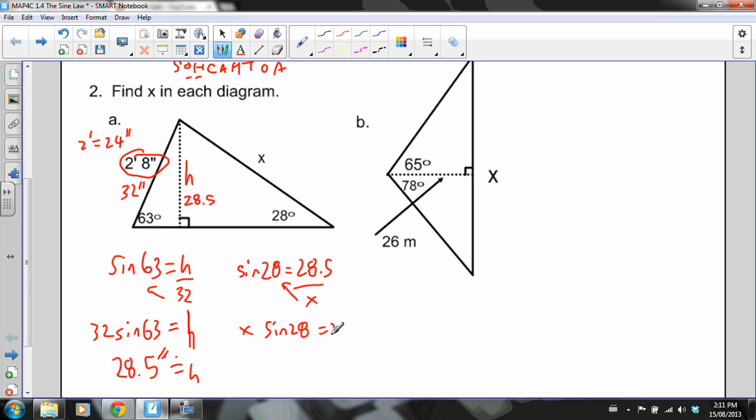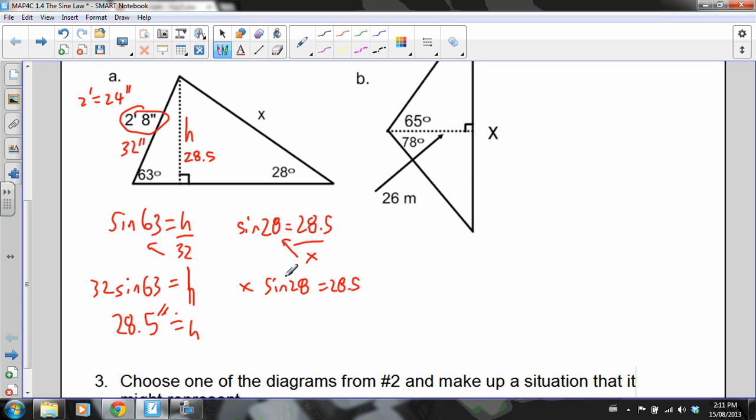And maybe we think of this as an extra step, I don't know. Divide by sine 28 on both sides. You jam that into a calculator, and you get about 60.73.